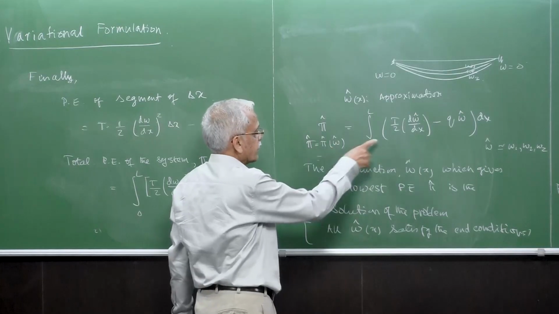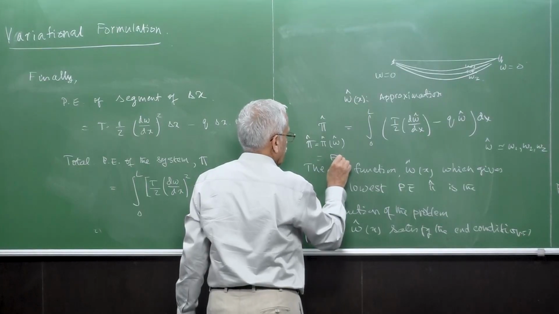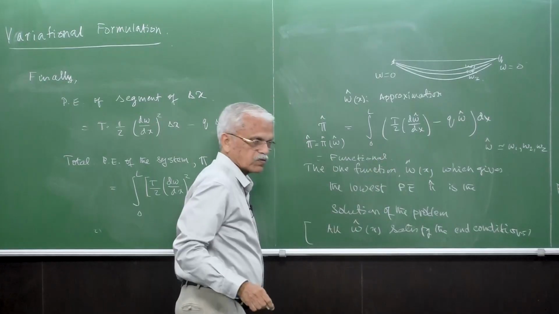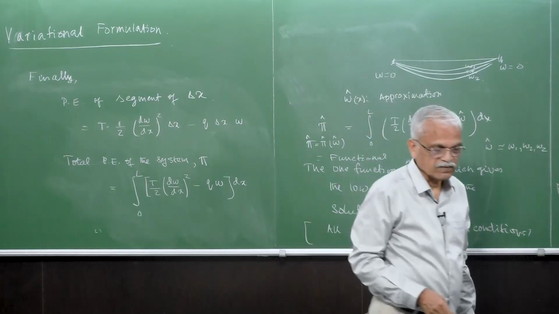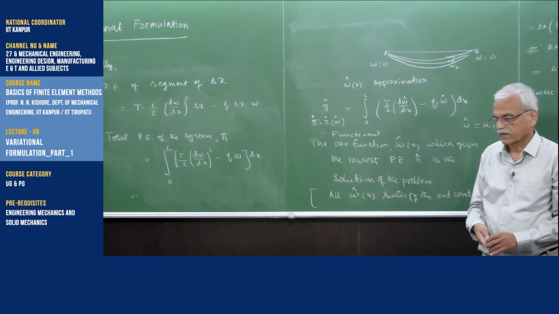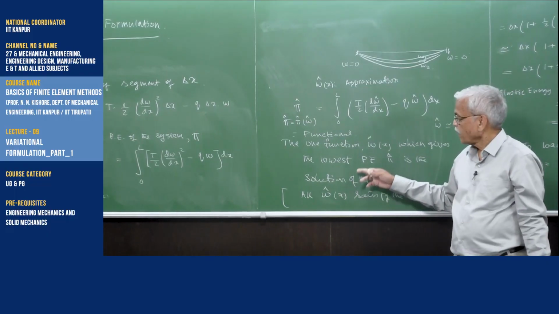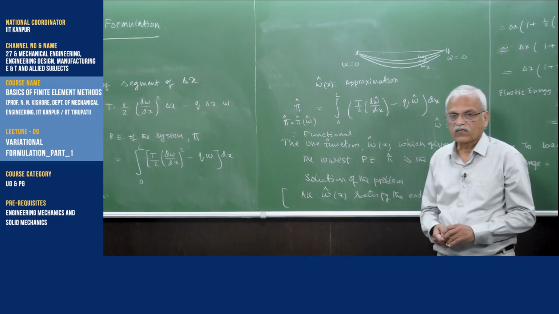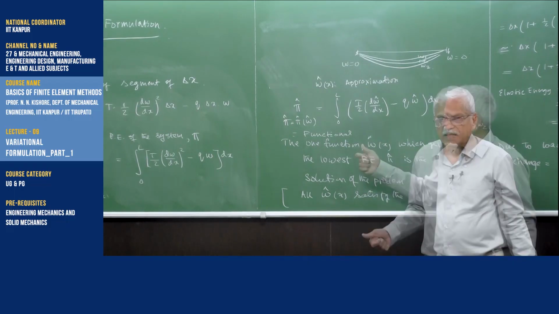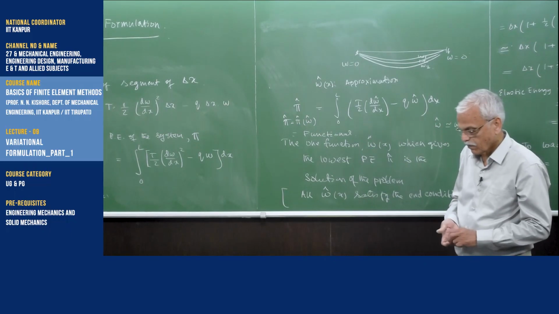For different W hats you are going to have different values. So this is also called a functional. So pi hat is also known as a functional, because pi hat is a function of function. So out of all admissible functions, the one W hat which minimizes this functional is the solution of the problem. So this is how we either formulate it as a governing equation or a variational formulation.